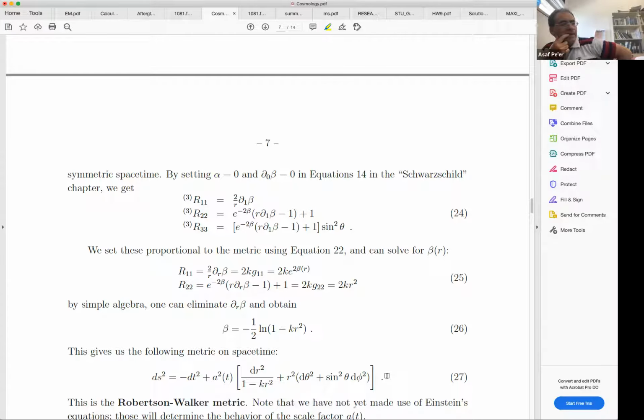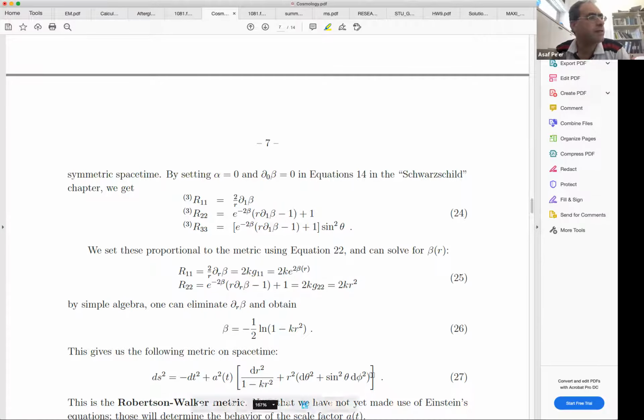Now, the way it's formed, there are two functions here which are not fully determined. One is this a, the scale factor, and one is k, which we call the curvature constant.